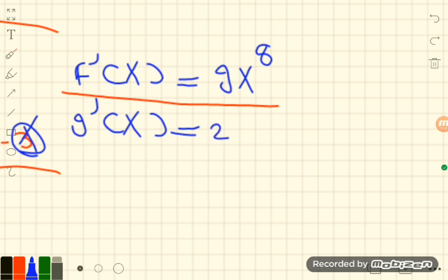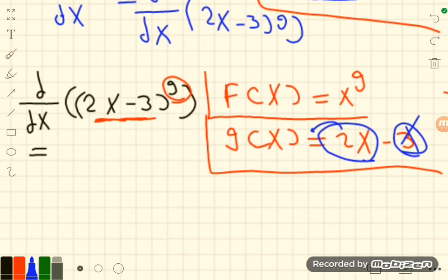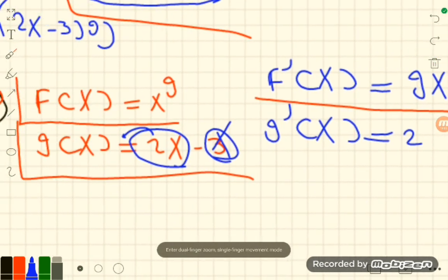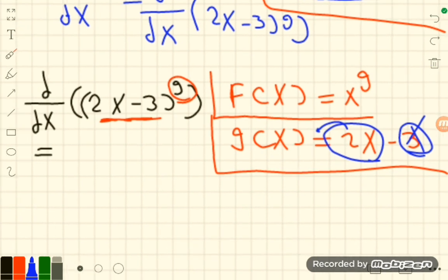So now that we have this established, we can easily plug in everything we need. We want f prime of x, and we've already solved that: 9x to the 8th power. So why don't we replace each x with g of x, because we're differentiating f of x with respect to g of x.